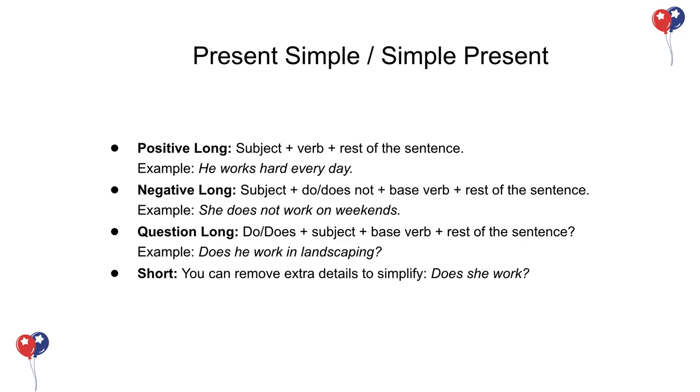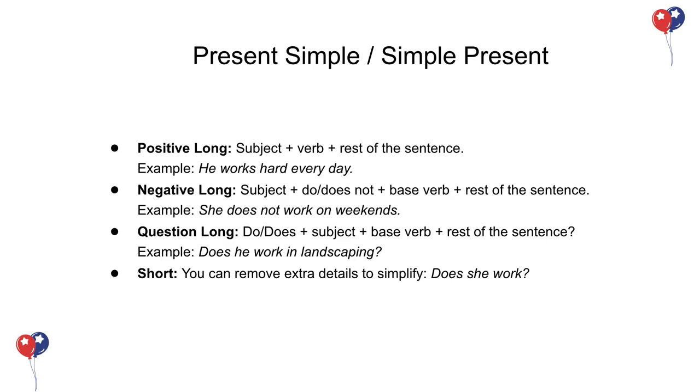Then we have the question long form with do, does, then the subject, then the base form of the verb, and then the rest of the sentence. Does he work in landscaping? And then the short version for questions, again, you remove the extra details to simplify the question.